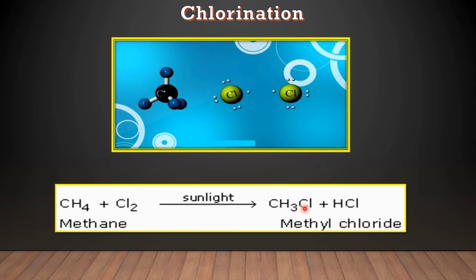As this reaction takes place in presence of ultraviolet light, that is typically sunlight, this is a good example of a photochemical reaction, that is a reaction which is brought about by sunlight.